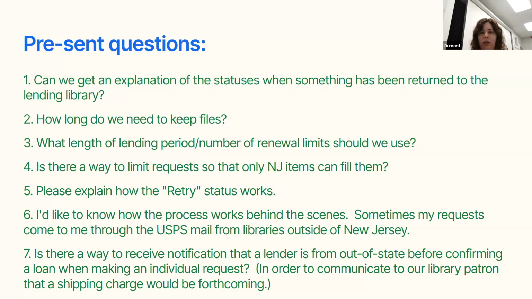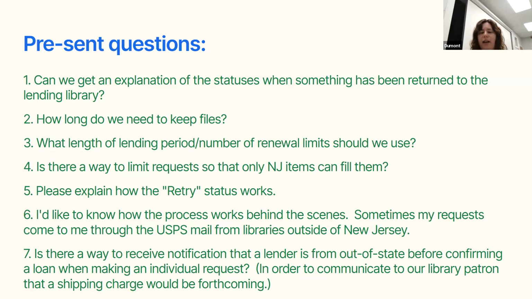However, as Andrew mentioned, if you are initially requesting an item that isn't available anywhere in New Jersey, it's not going to show up. You're going to get the no search results option, and then you would have to submit a blank ILL request to bump it out of state and hope that another library somewhere else in the country has that item.